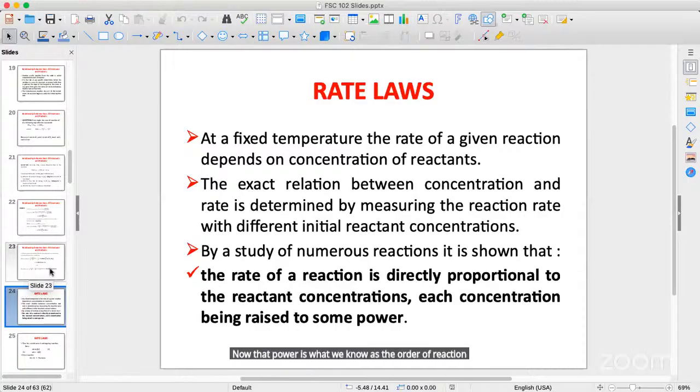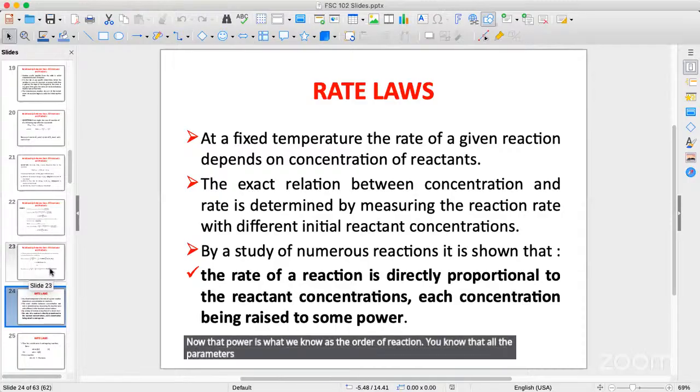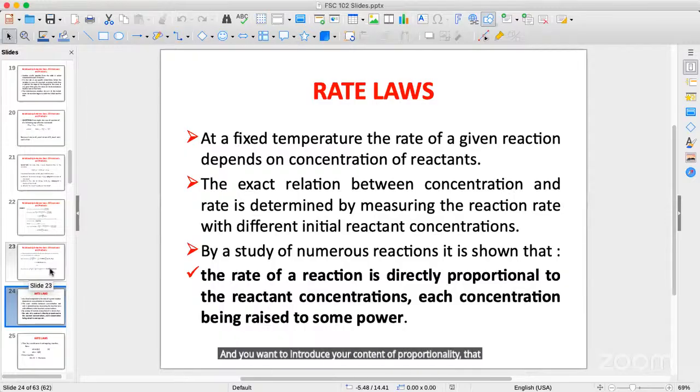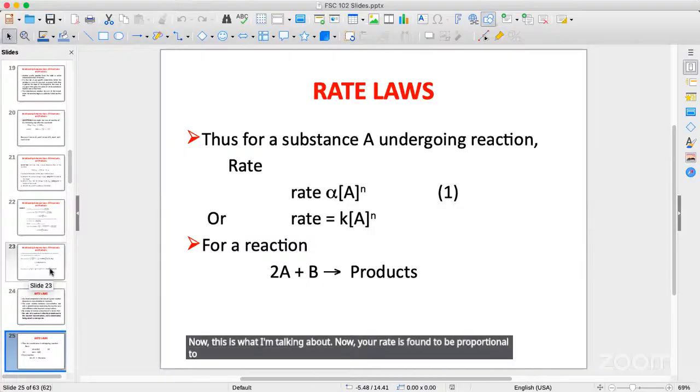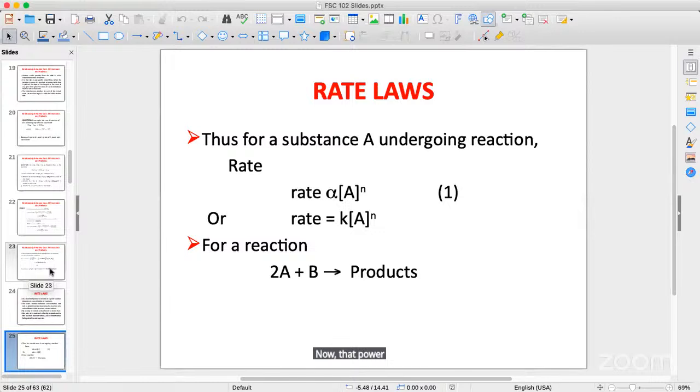You know that all the parameters are present. When you remove your proportionality sign and introduce your constant of proportionality, that is your rate constant. Your rate is found to be proportional to concentration raised to some power. That power is n here, and that is what we call the order of reaction.